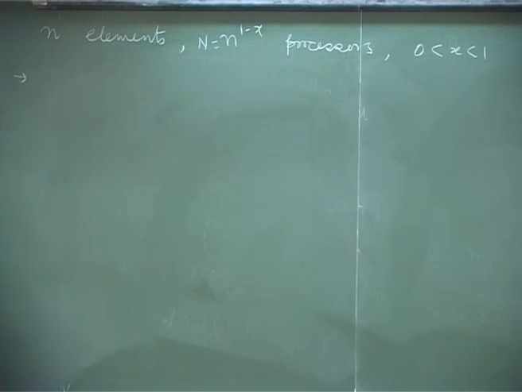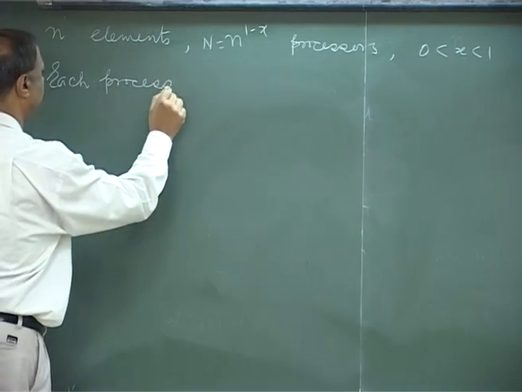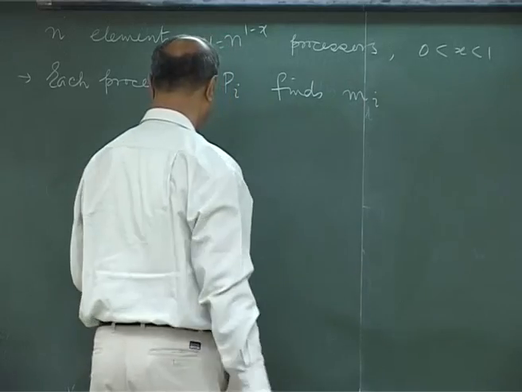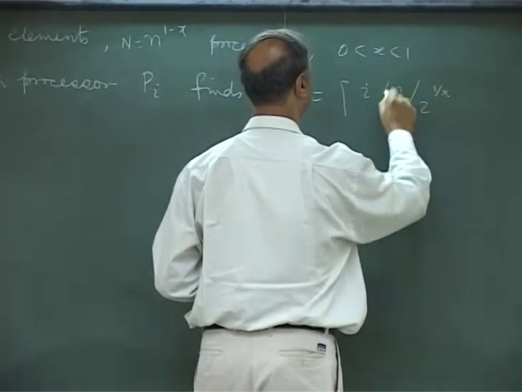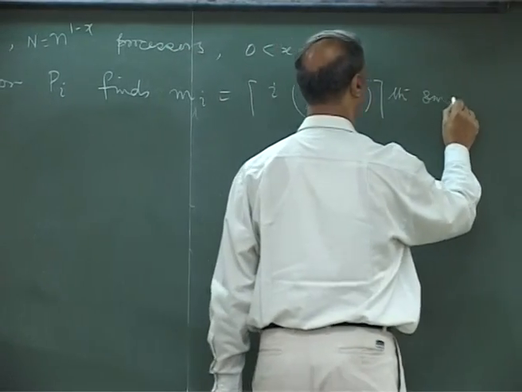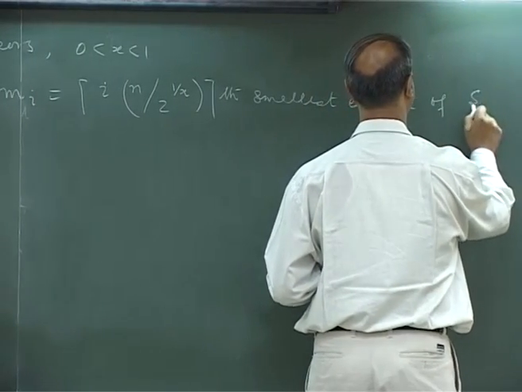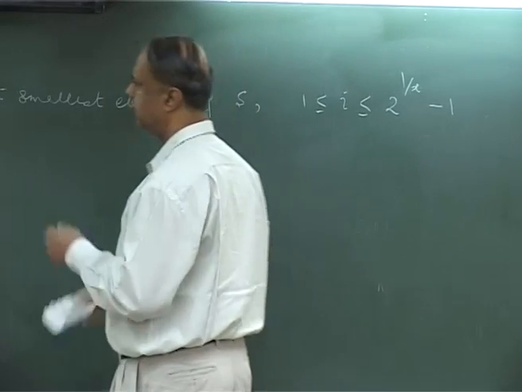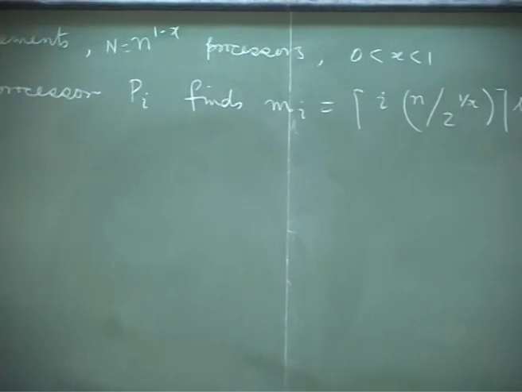Now, each processor Pi finds Mi. Mi is nothing but i into n by 2 to the power 1 by x, the smallest element of S, where i is 1, 2, 3 up to this.